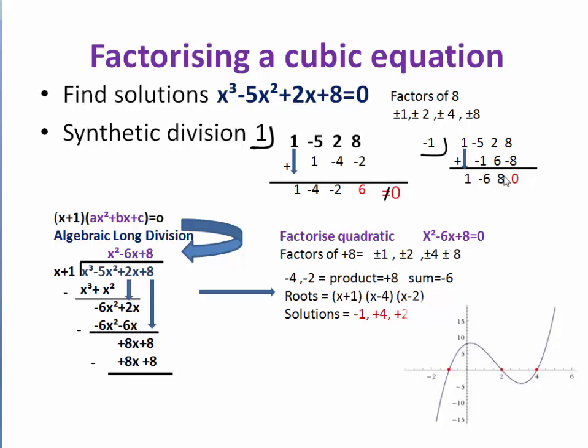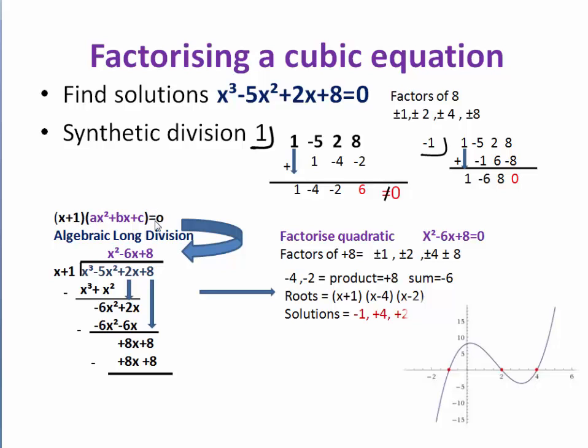So we're left with a 0, so this means that minus 1 is a solution and x plus 1 is a root. So here we have x plus 1 as a root of our cubic equation.